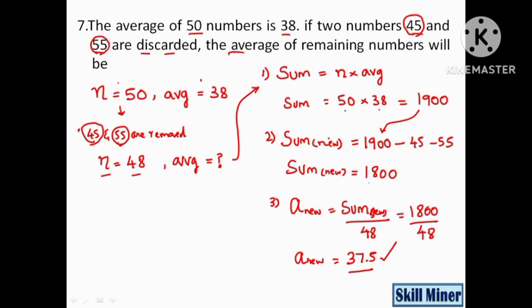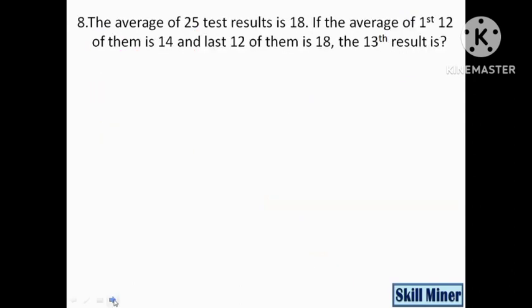It is giving me the value 1800. This is the new sum. Third step, new average, which is new sum divided by 48, this is giving me 37.5. Okay, now I'm moving to the next question.